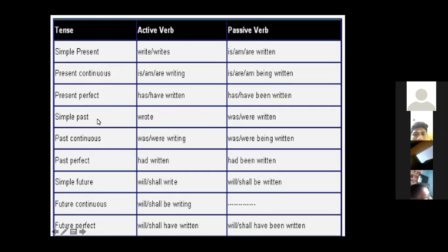In the simple past, wrote will become was or were written, was in the singular, were if it is plural. The past continuous, was or were writing, will become was or were being written. The past perfect, had written, will become had been written.